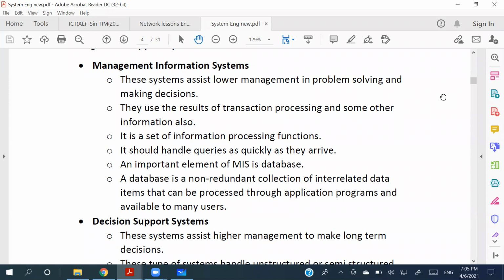It is just helping. It is not making the solutions. MIS helps to solve a problem. Data which has been gathered, or fed from a TPS, will be taken into consideration when solving a problem. For example, if we are going to give a promotion to an employee, we have to track what that employee has done.